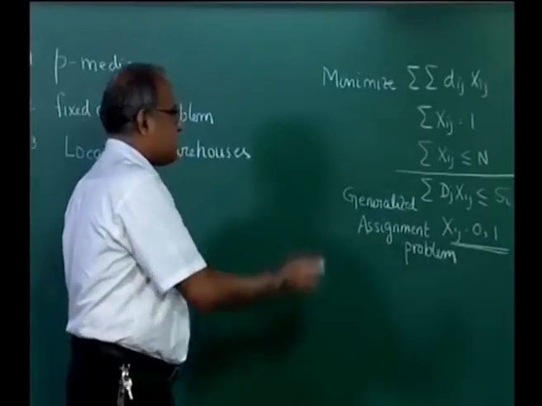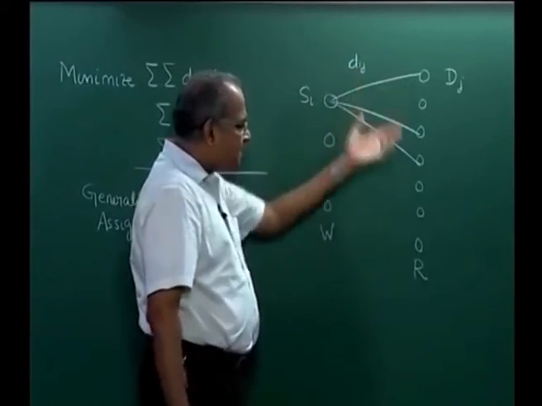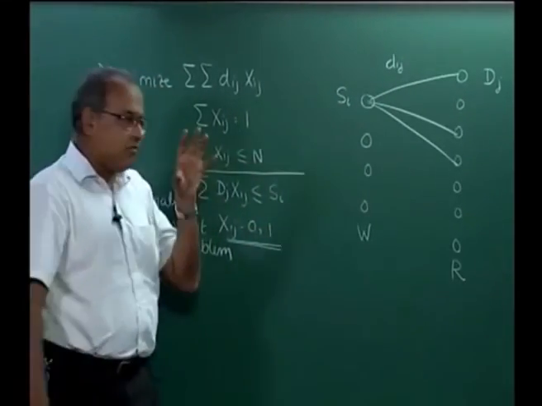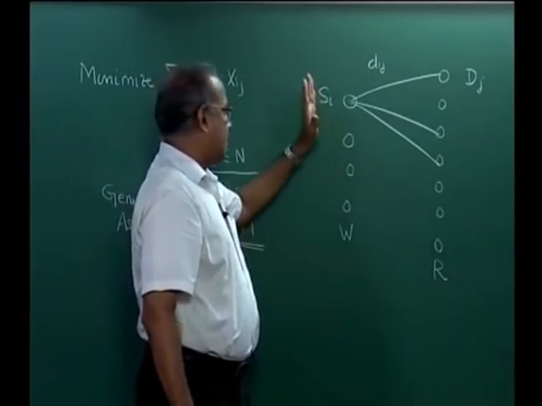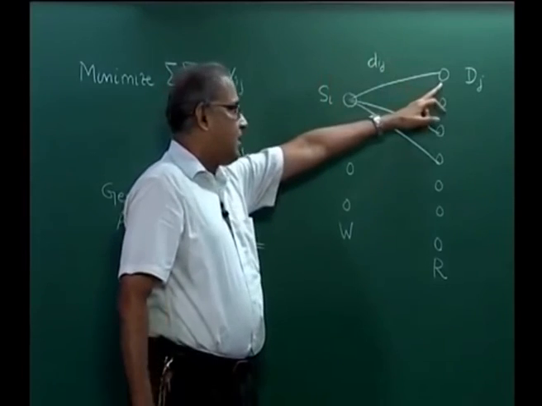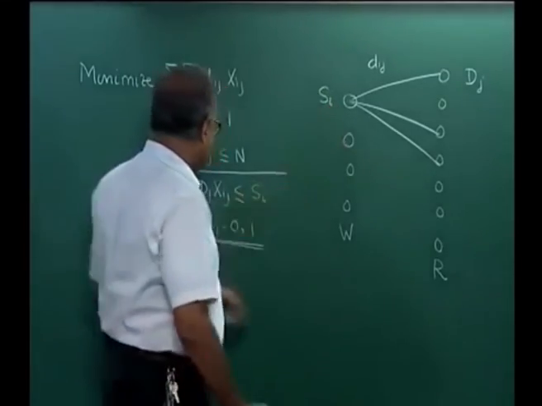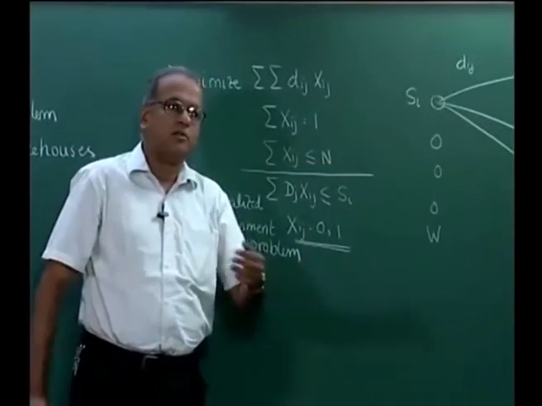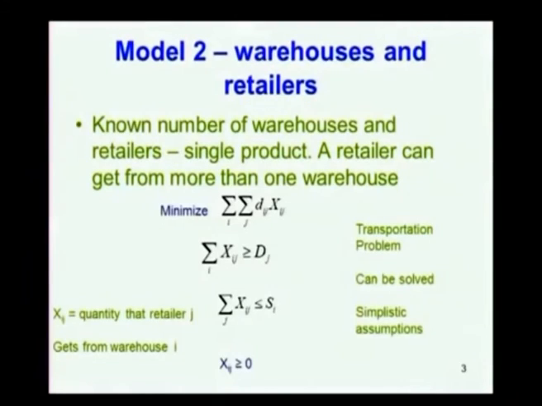So, one of the models is: given a set of warehouses or supply points, and given a set of retailers or demand points with known demand dj, which warehouse will supply to which retailer such that the capacity is considered and all the demand of the retailer has to be met from the warehouse, and there is an additional restriction that, for reasons of control, a warehouse does not supply to more than a certain number of retailers. So, this is a standard problem where we model how the demand of each retailer can be met.